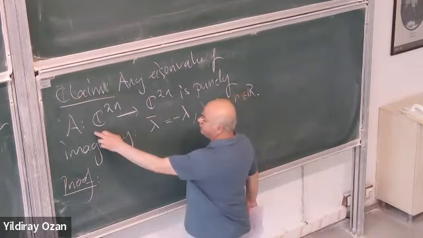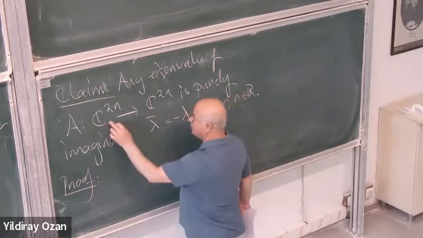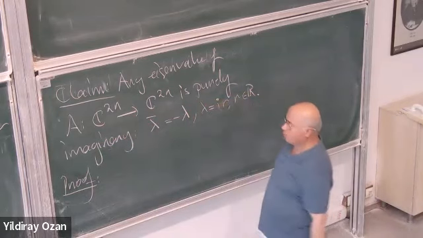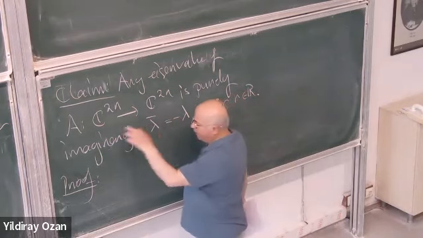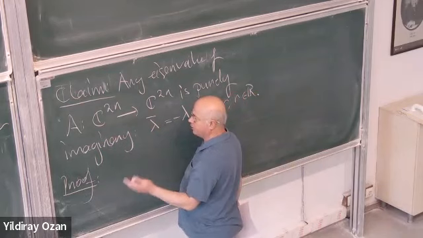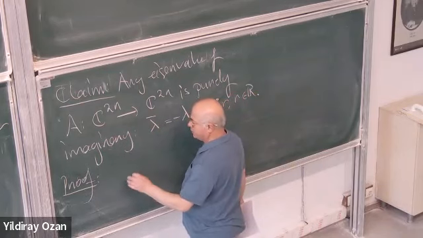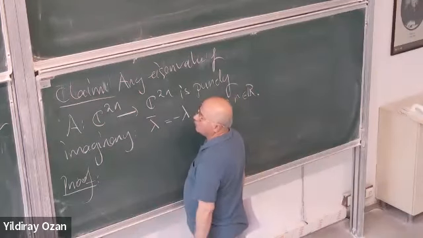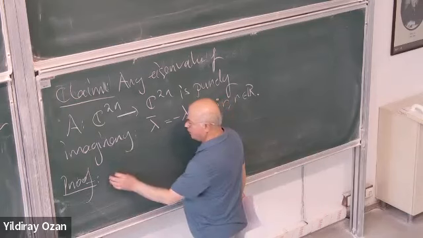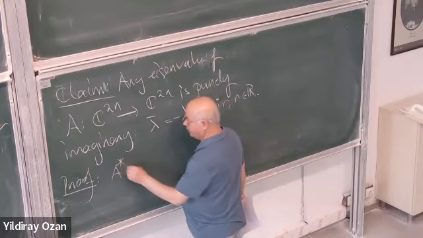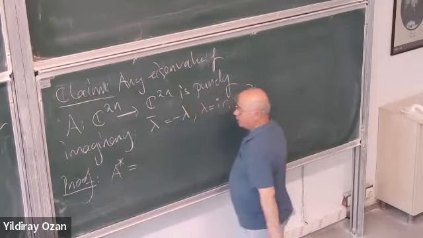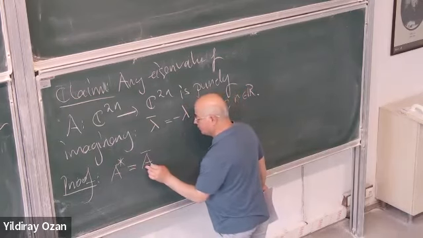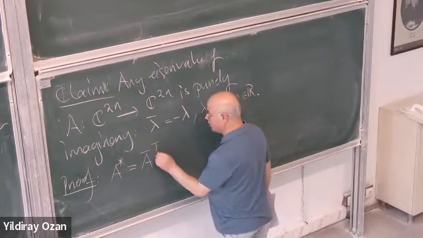Well, you see, A is skew symmetric, but if I consider it as an operator on a complex vector space, then I should talk about whether it's self-adjoint or skew-adjoint. Well, let's see what this is. This is just the conjugate transpose, right?